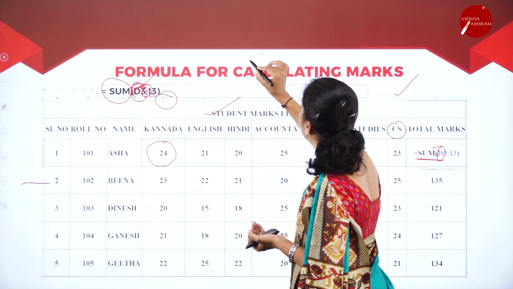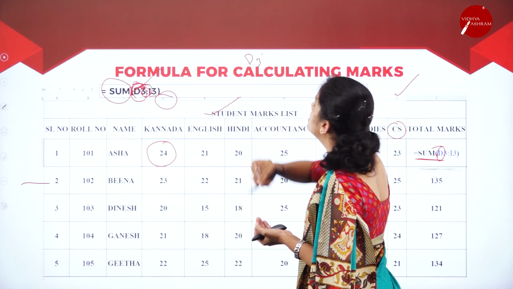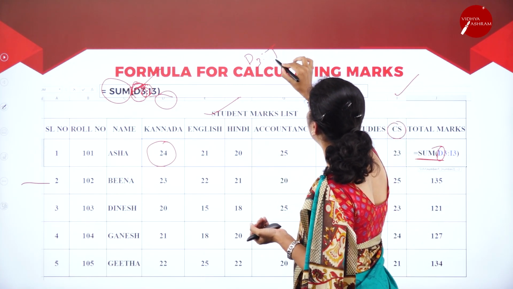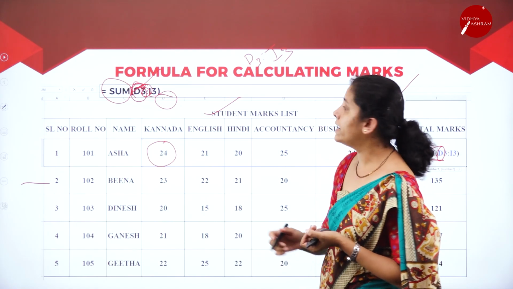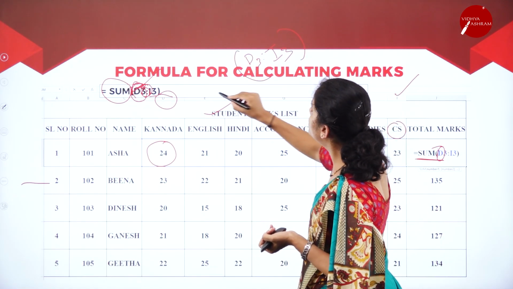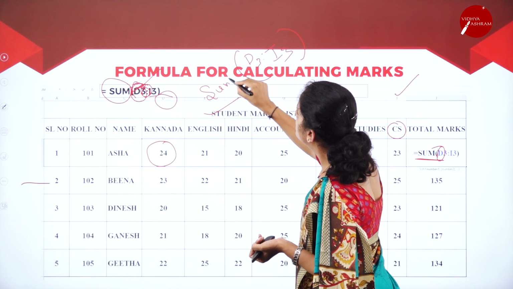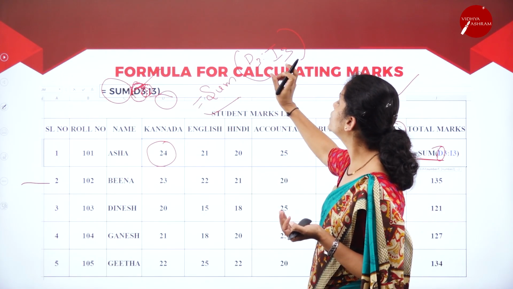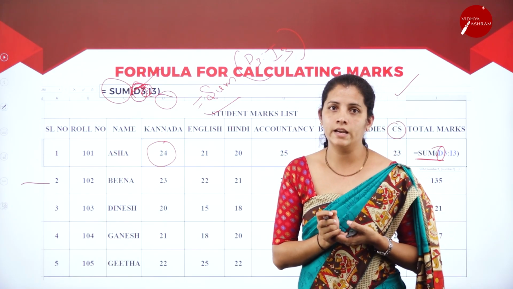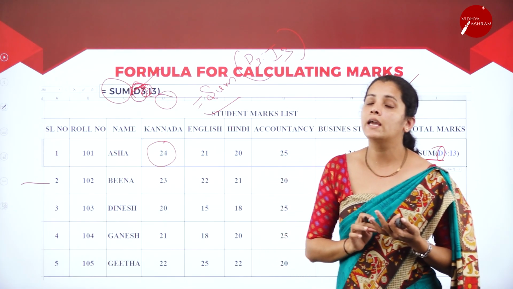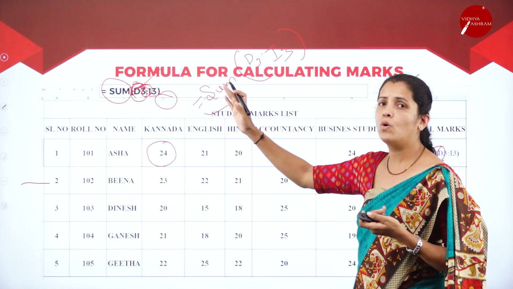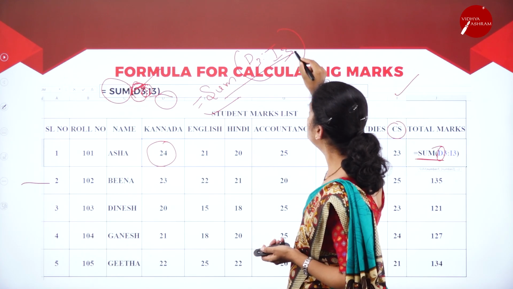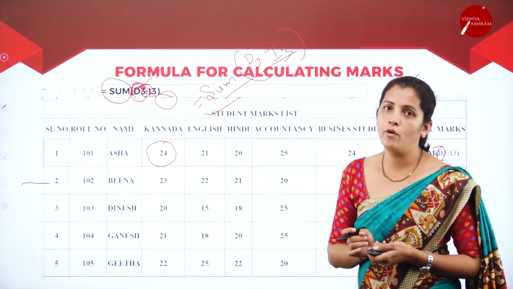So here at the beginning I'm going to pass the starting cell address, and at the end I'm going to pass the ending cell address, and this is given to the sum. So equal sum of, I'm going to specify the cell range. This is the way the user can write their own formula.